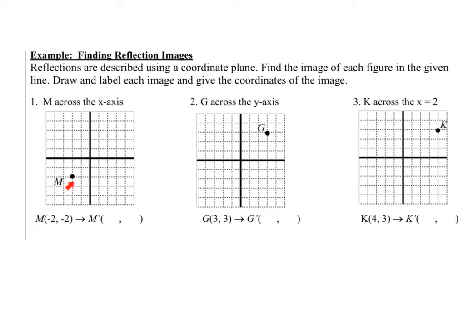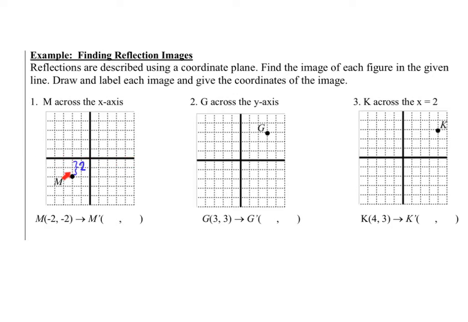So here's point M. We're going to reflect M across the x-axis. First we have to figure out how far away M is from the x-axis. It looks like it's 2 units away. If it's 2 units away, we want to think of the x-axis as a mirror.